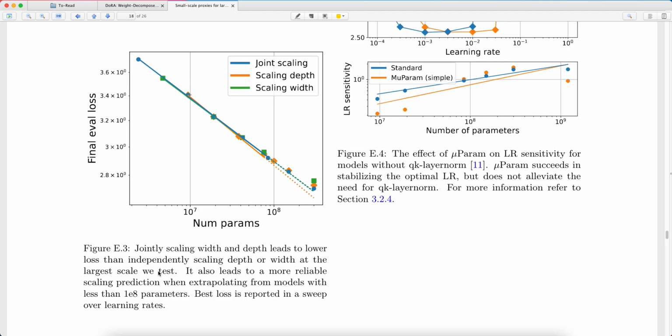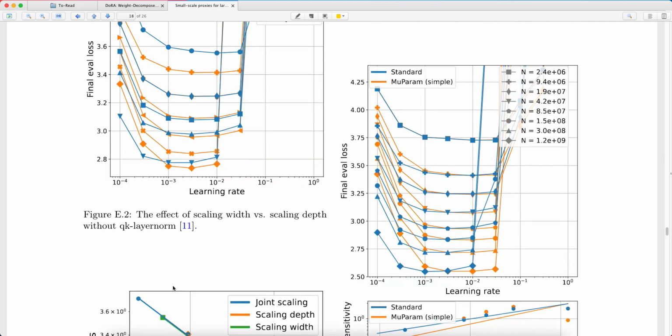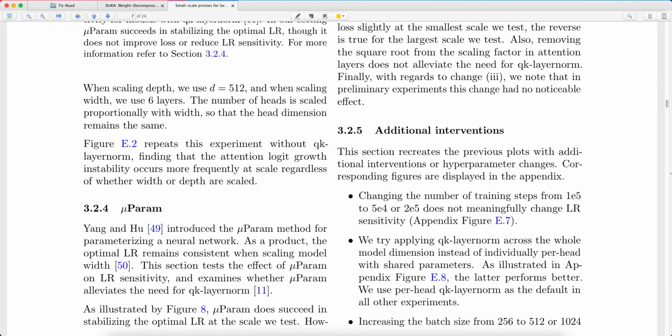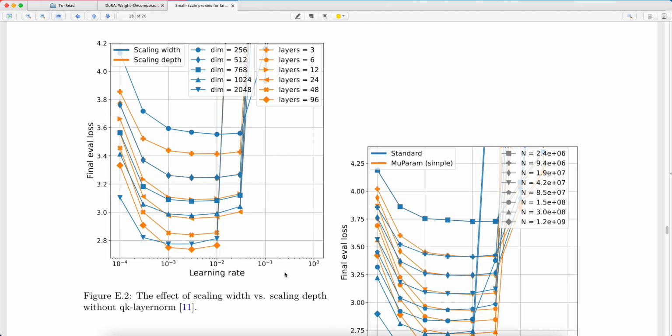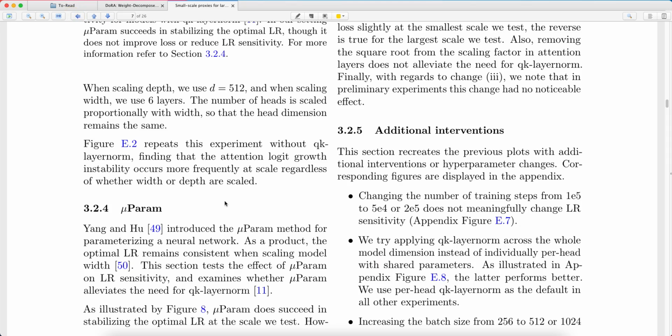It also leads to a more reliable scaling prediction. Am I looking at the right one? E2, effective scaling width versus scaling depth. Oh, I see. So here it doesn't get you to the higher learning rate, I think. More frequently at scale. Yeah, I'm not super clear on that.